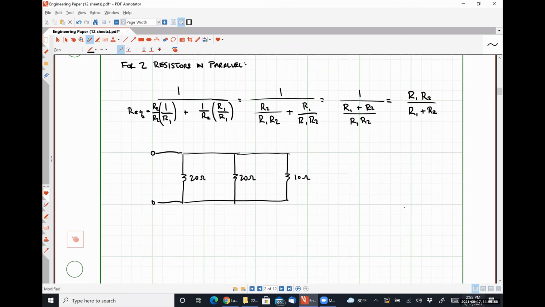We know that our answer should be 1 divided by 1 over 20 ohms plus 1 over 20 ohms plus 1 over 10 ohms. What should that be? Somebody with a calculator, tell me what's up. 5.